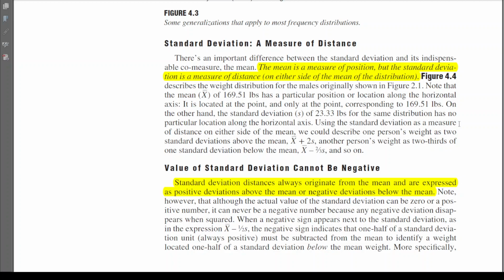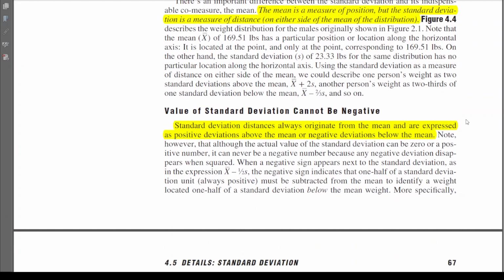And when we say that one observation is two standard deviations less than the mean, what it means is that to get to that point, we have to subtract two standard deviations from the mean. So that point can also be identified as x bar minus 2s.